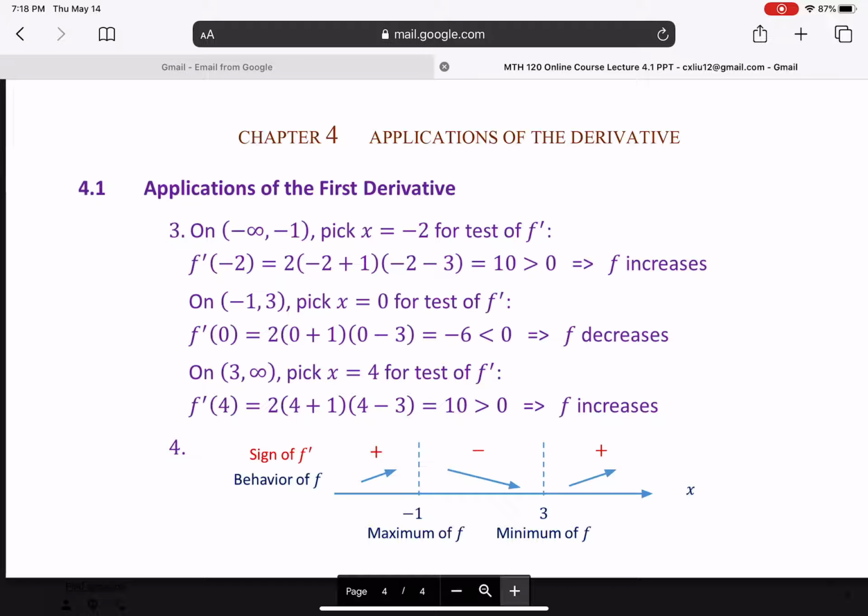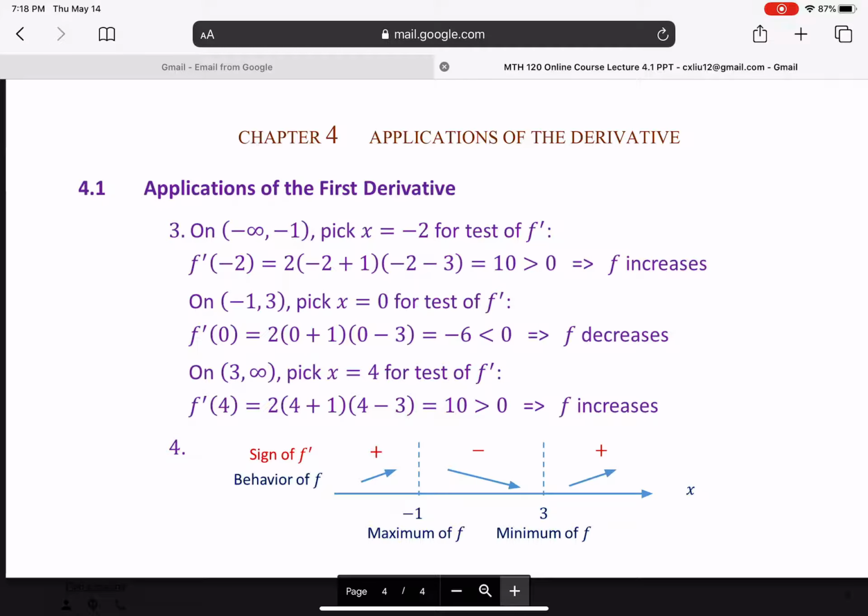In step 4, we use the information from step 3 to find the extrema of the function. We start by drawing a horizontal axis. And we mark the two critical numbers on the x-axis, -1 and 3. And we draw 2 vertical lines through those two critical numbers.